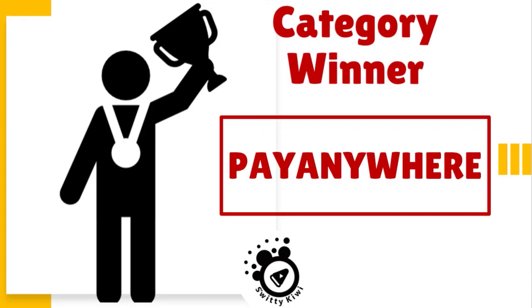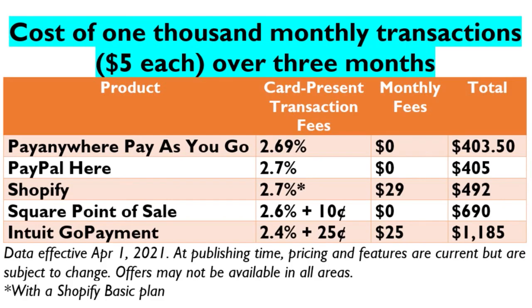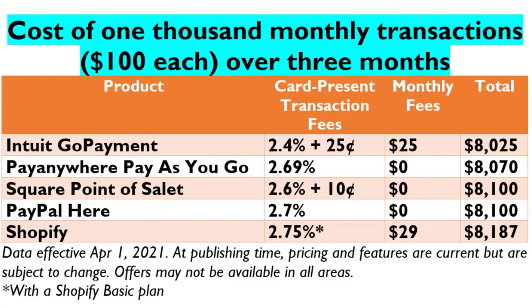So I want you to see again on the screen the first table, the cost of 1,000 monthly transactions at $5 each, and the cost of 1,000 monthly transactions at $100 each over 3 months, of course.